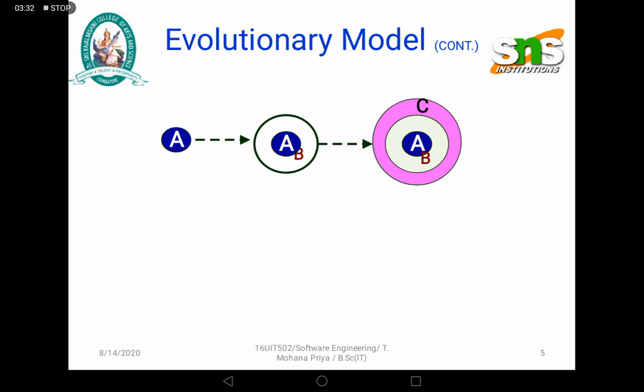The customer gets the updated product, A and B modules, and works with it. Next the development team develops another module, C, which is incorporated with A and B and given to the customer. This is the processing structure of the evolutionary model. It is called the incremental model, because we are incrementally adding modules to the existing functionalities. It is also called the successive version model.